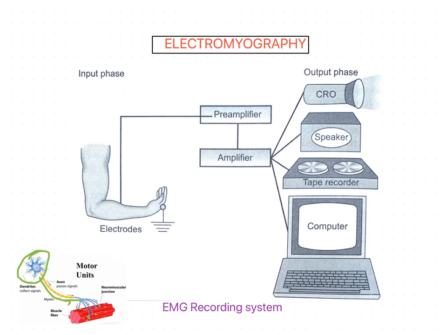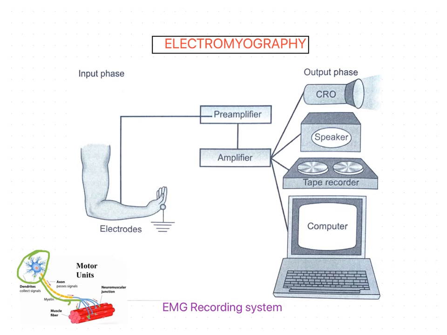When an electrical impulse is given, muscle contraction is produced. By repeated depolarization and repolarization, the impulse is transmitted through the motor unit. Once the impulse reaches the muscle, the membrane is depolarized, which produces muscle contraction.